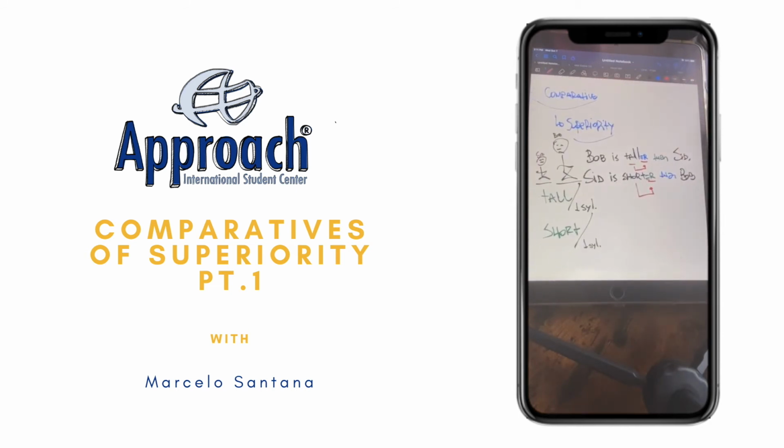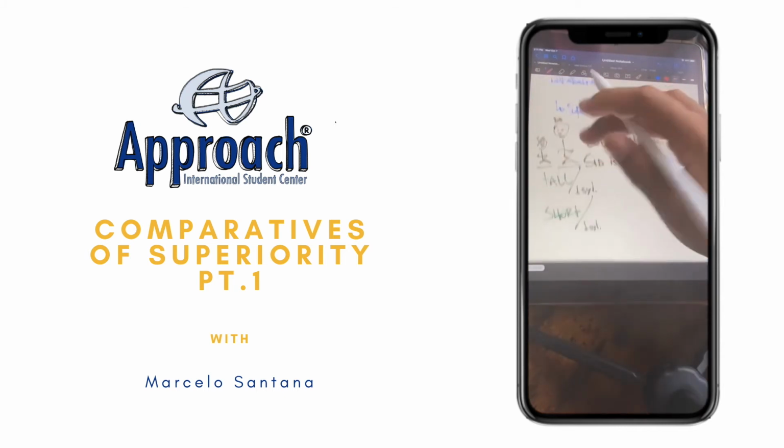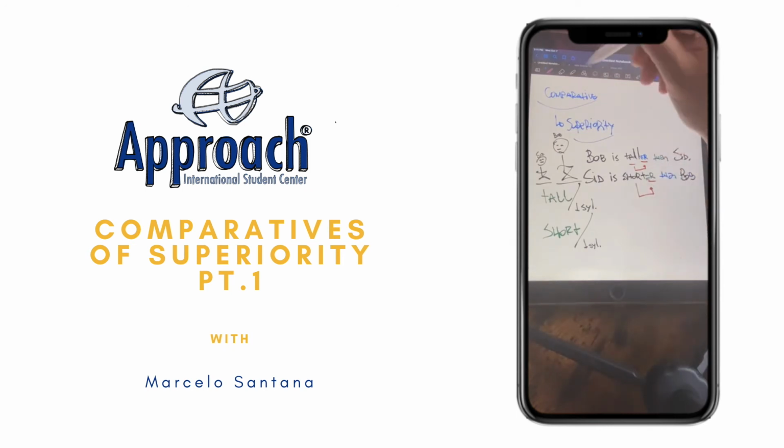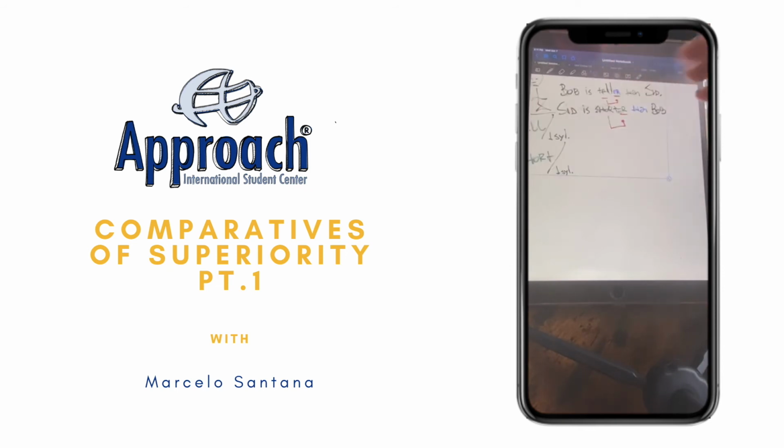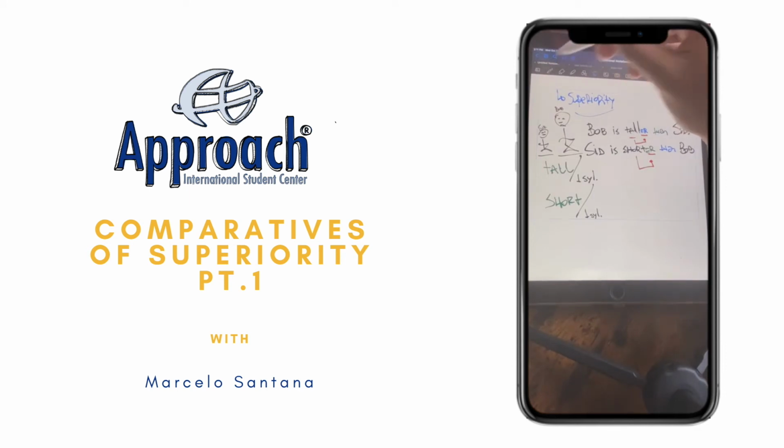This is something very important. Remember this. Now, if I want to use longer adjectives, then I will have a different structure to follow, guys. Pay attention. Let's say that I want to use two adjectives that have more than one syllable.